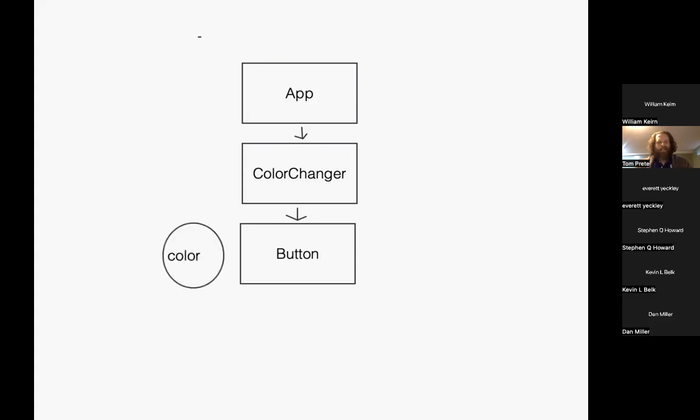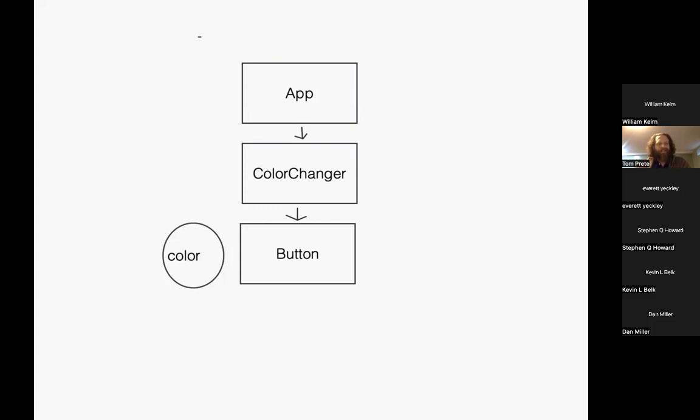And the handler to change the color is also on button. But now what we want to do is we need to have another component, which is, this is just kind of a dummy example, obviously, but the component is going to be responsible for displaying the text of the color.